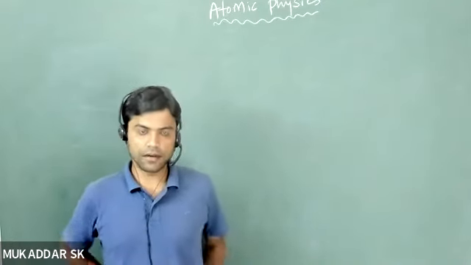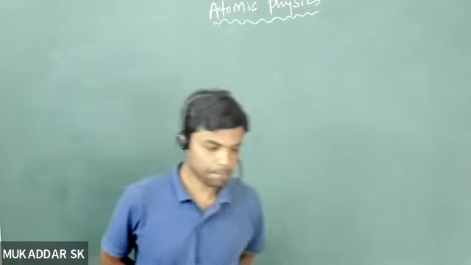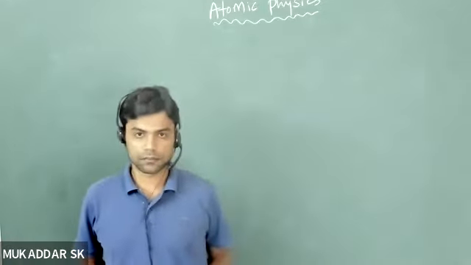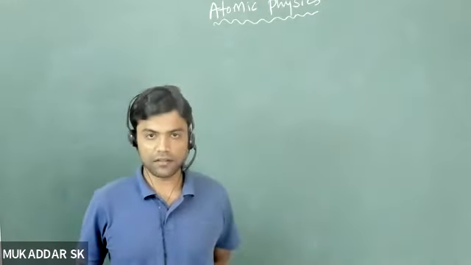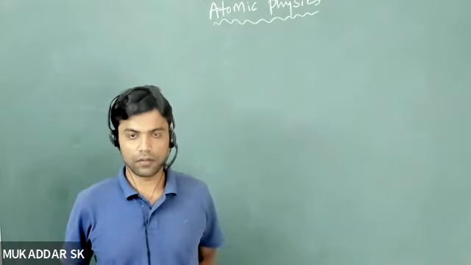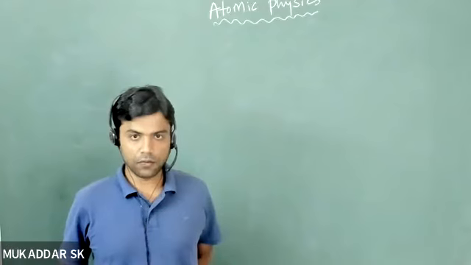Then the second energy, the first excitation energy, how much is it? We calculated the first excitation energy of the hydrogen atom. That energy was minus 3.4 electron volt, right?